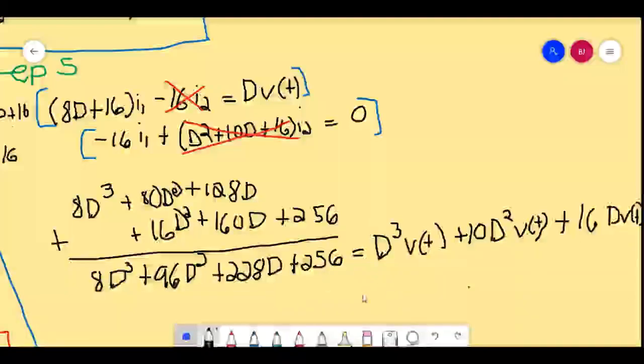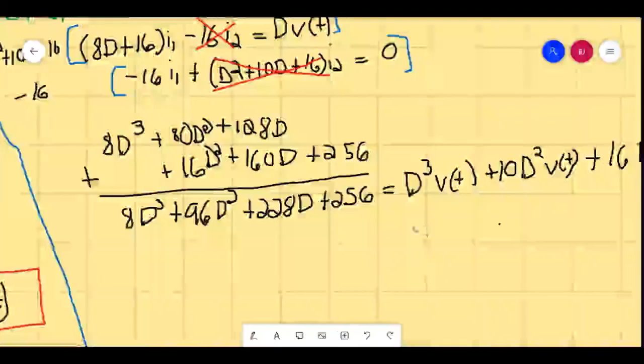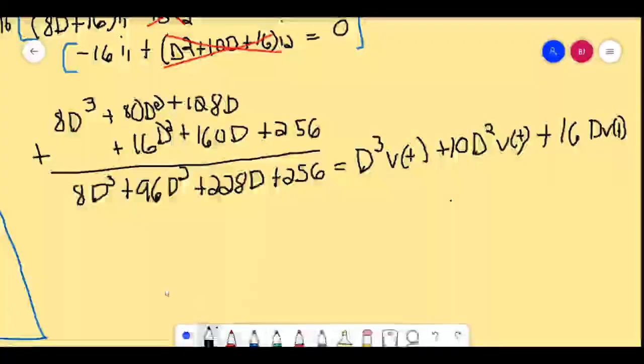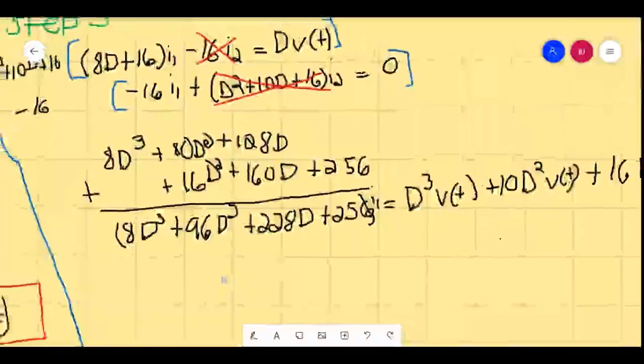It's a bit long, fortunately. So this would be the new first equation. Let's not forget the I1 here. There's an I1. Okay.